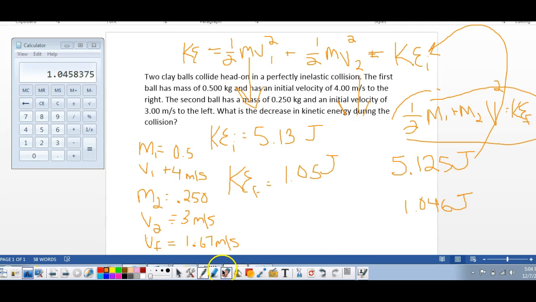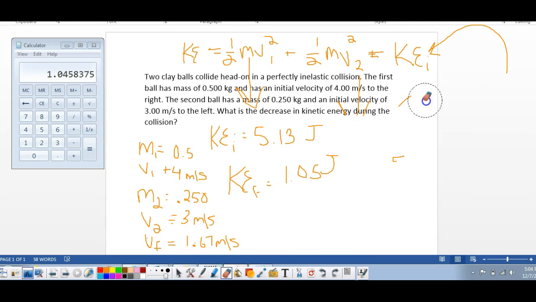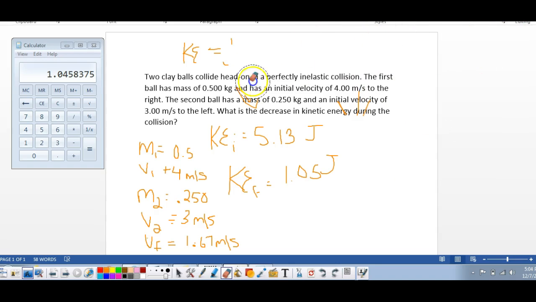Now we'll be able to do the calculations easily. It's going to be a negative number because you're going to lose energy, so in the end you're going to have less. The equation is kinetic energy final minus kinetic energy initial equals the change in kinetic energy.